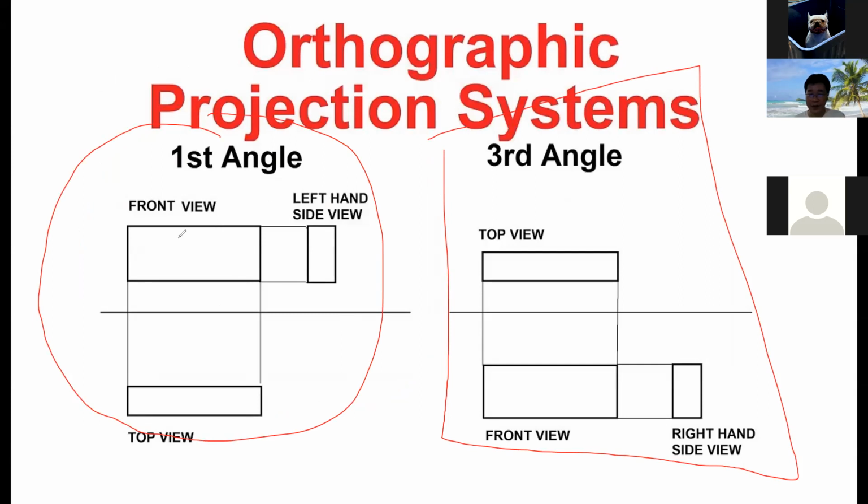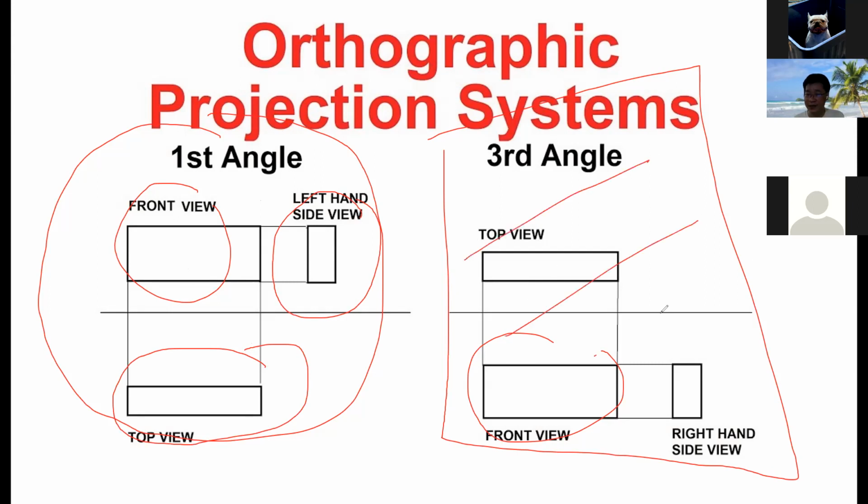Okay, see the difference. Front is the main, but after the front view, the image that appears right of the front becomes the left side view. The one below the front becomes a top view. Okay, this one is easier.